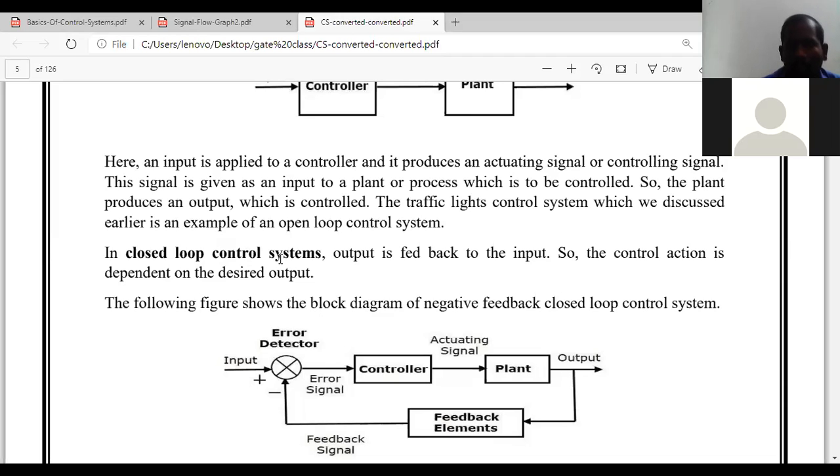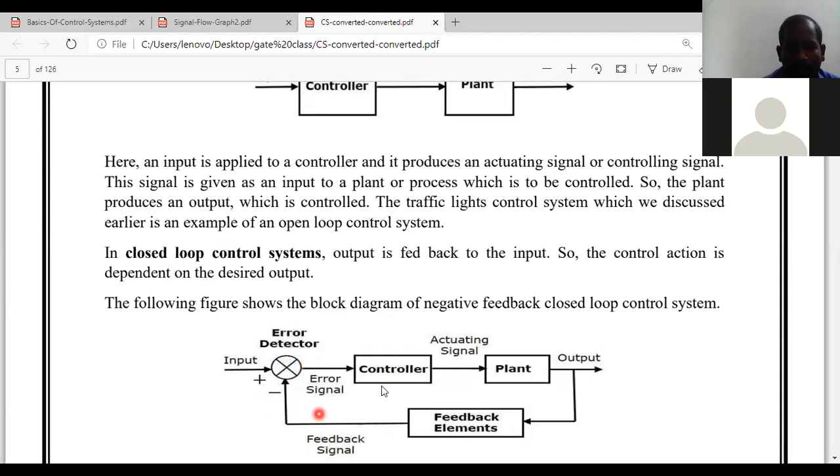So for automatic correction of the input based on the real-time scenario, we go for the closed loop control system. In a closed loop control system, a part of the output is fed back to the input for correction.